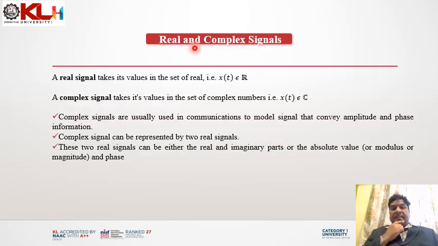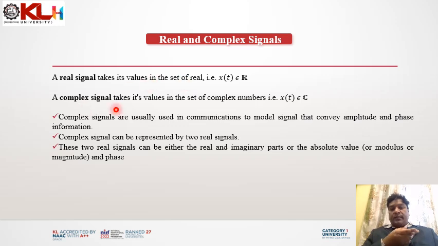Now we are going to discuss another classification, which is real versus complex signals. This is a very simple classification based on the values which the signal takes. A real signal takes values from the set of real numbers. Therefore, x of t belongs to the set of real numbers. Each and every value of the signal x of t belongs to the set of real numbers.